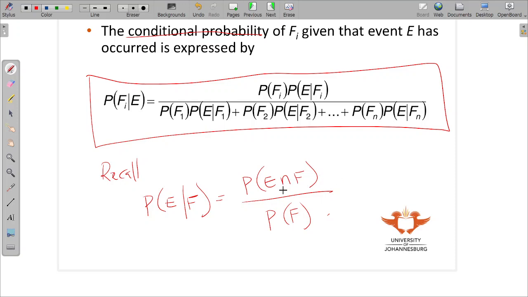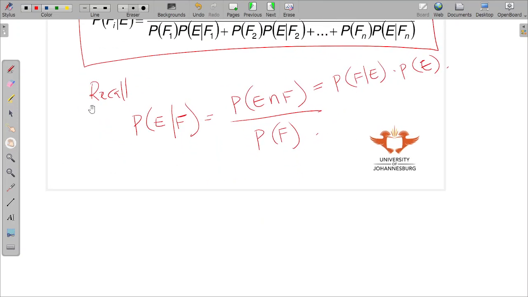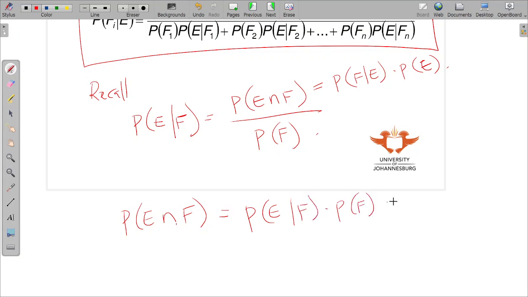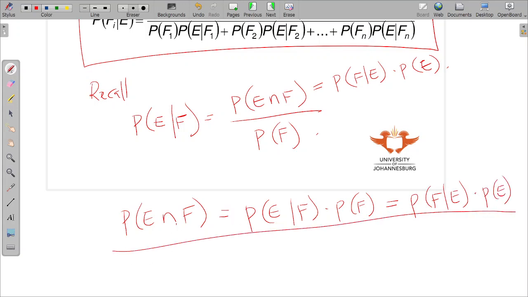This is also the same thing as the probability of F given E multiplied by the probability of E. You can recall that the probability of E intersect F is equal to the probability of E given F multiplied by the probability of F, which is equal to the probability of F given E multiplied by the probability of E. We mentioned that before.